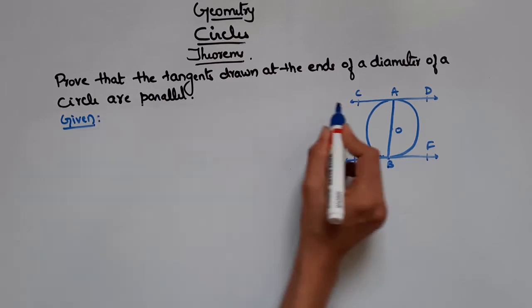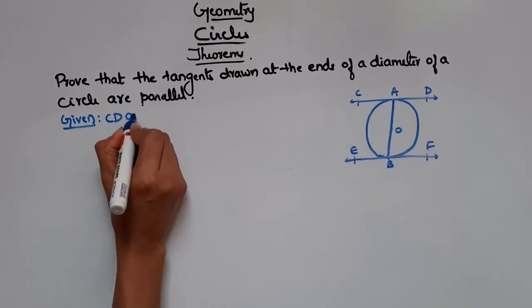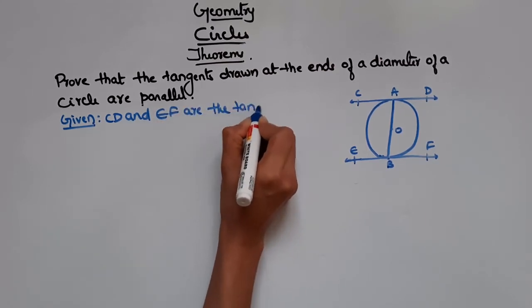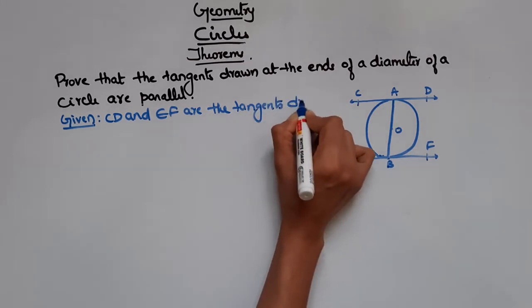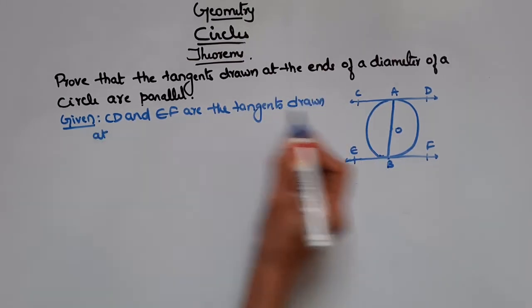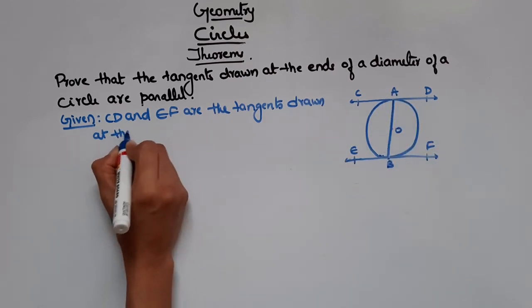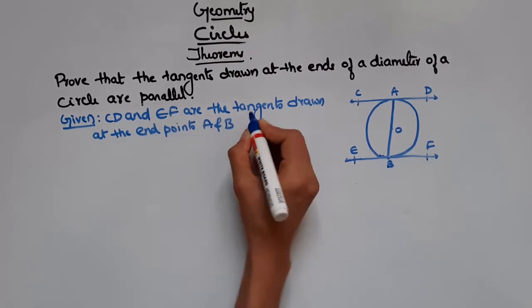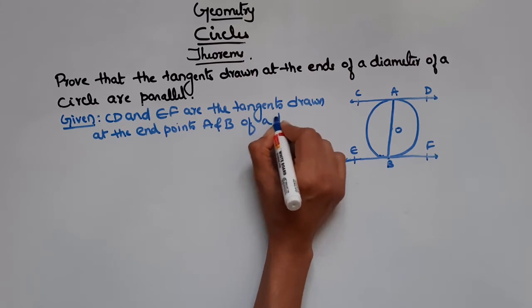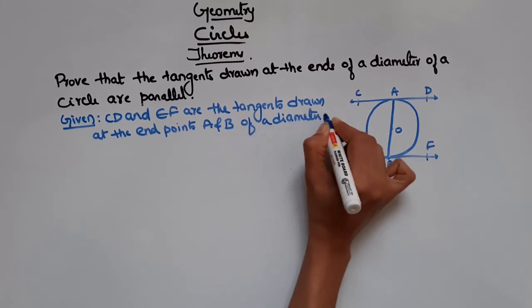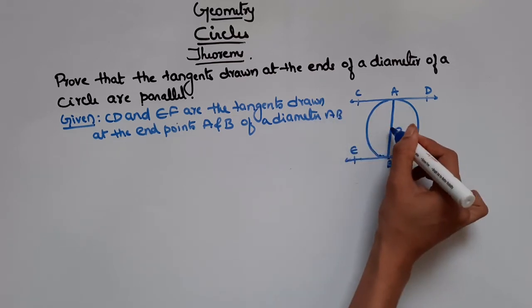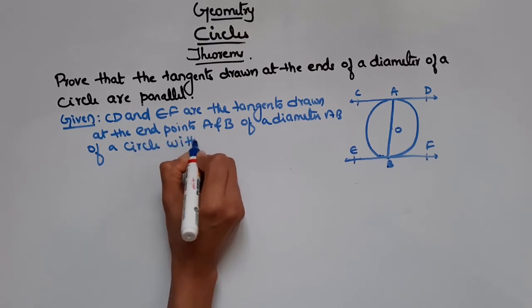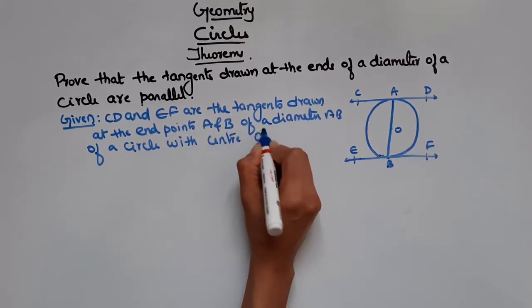So given here is CD and EF are the tangents drawn at the end points A and B of a diameter AB of a circle with center O. Right?